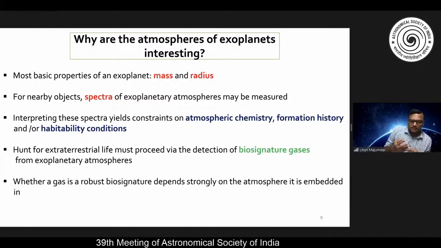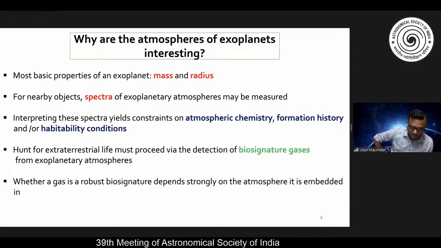So the take-home message is, for various exoplanets, we have access to the mass and radius, and we know the spectra for a handful of planets through observations like JWST. By modeling the atmosphere of those exoplanets, we can understand what type of atmospheric chemistry is going on, and also by comparing with the disk model that I mentioned, we can link the atmosphere of exoplanets with their formation conditions.